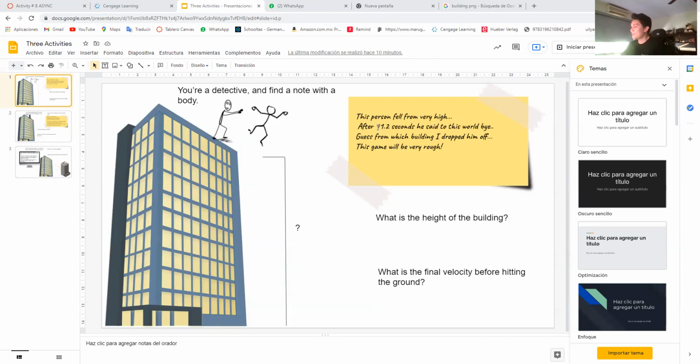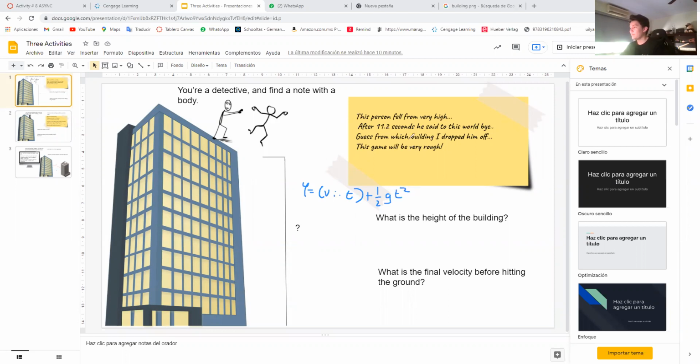Now, with the given information of 11.2 seconds of the fall, we have to calculate the height of the building and the final velocity before hitting the ground. With this, we will use the position formula, which will be y equals the initial velocity times time plus 1/2 g, which is positive in this problem, and t squared.